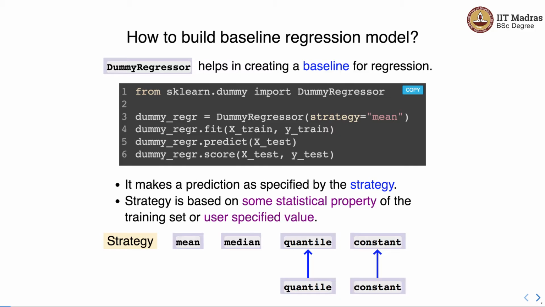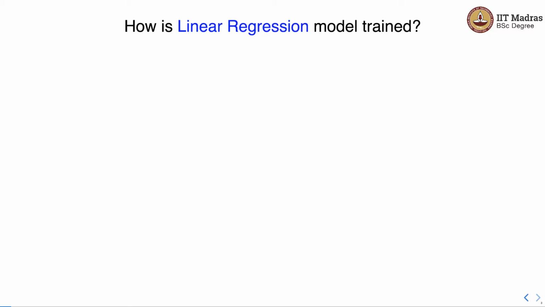Now that we have created a DummyRegressor baseline, let's do something more intelligent with the training data that we have, and start actually building some linear regression models based on what we have studied in the theory course. Let's understand how to train a linear regression model in sklearn.